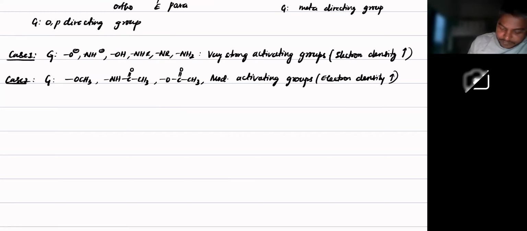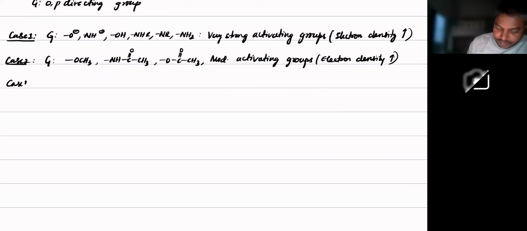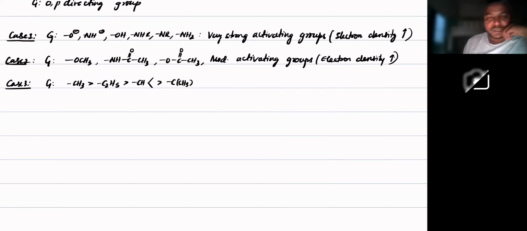Case 3, group could be as simple as CH3, C2H5, and C(CH3)3, tertiary butyl. So this is the order also in which it will activate or deactivate.